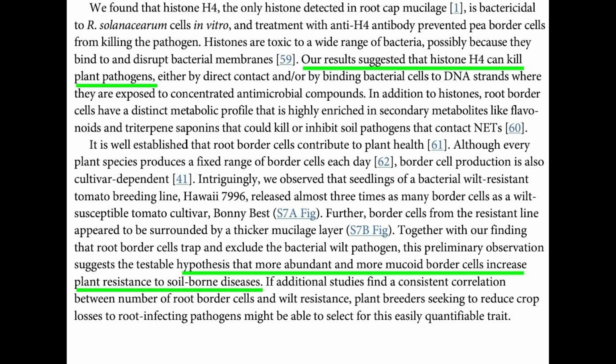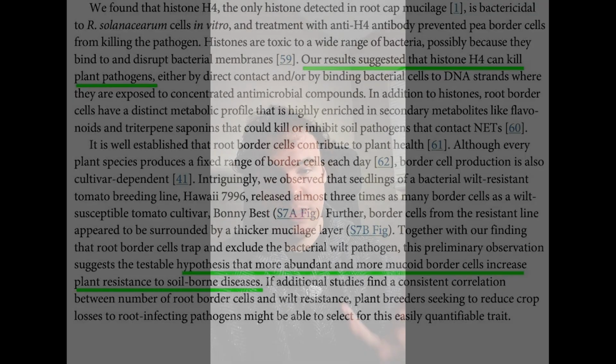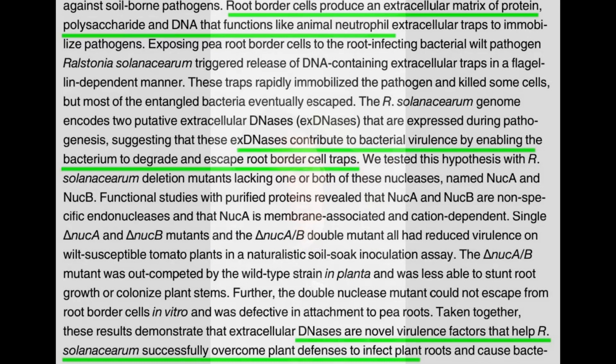Certainly that can be a harrowing journey for, for example, endophytes looking to associate more closely with the roots.